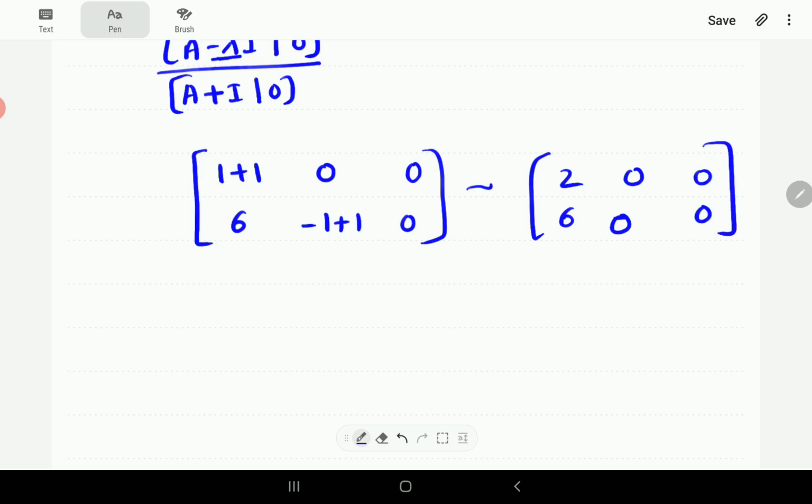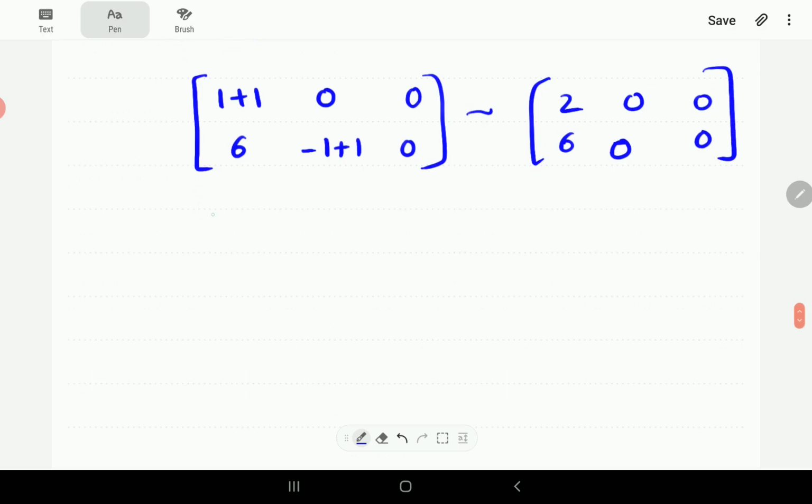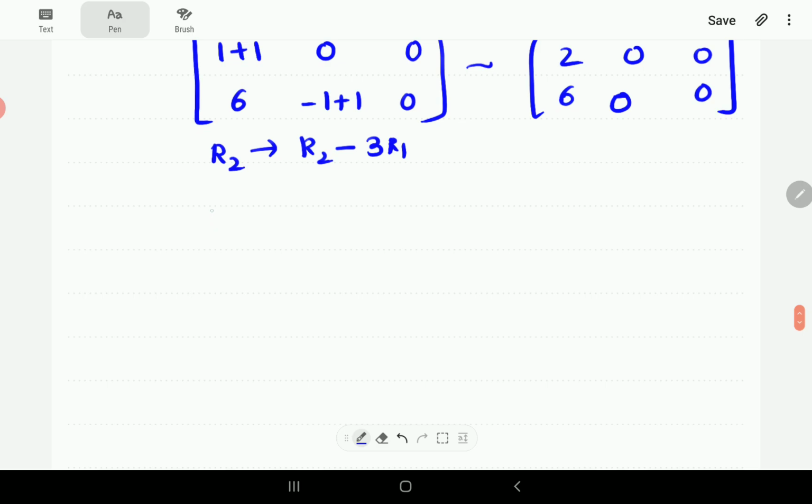Now I use the operation R2 changes to R2 minus 3 times R1. Since it is 6 and 2 there, it will be 2 0 0, and this row is 0 0 0.